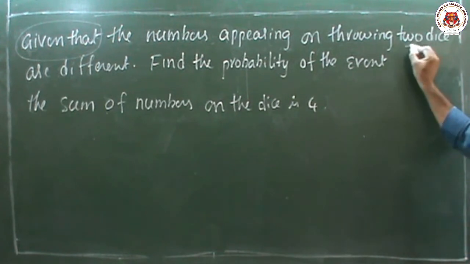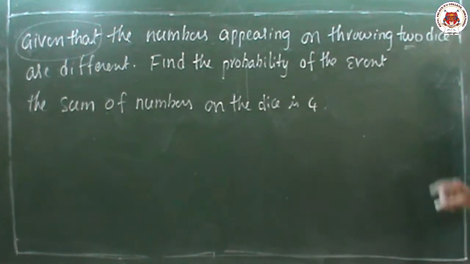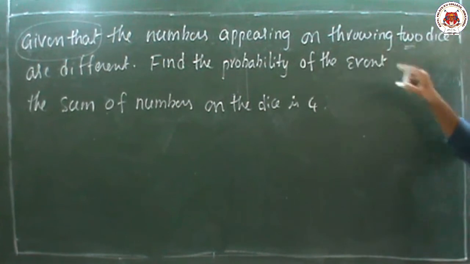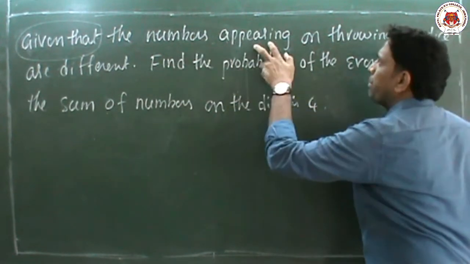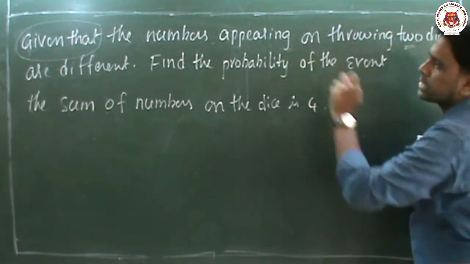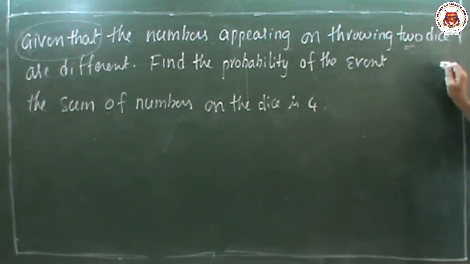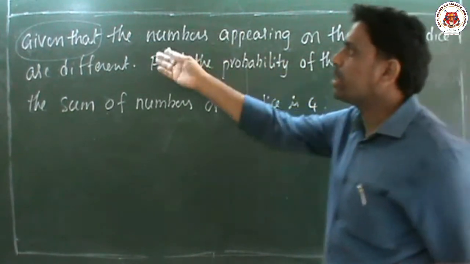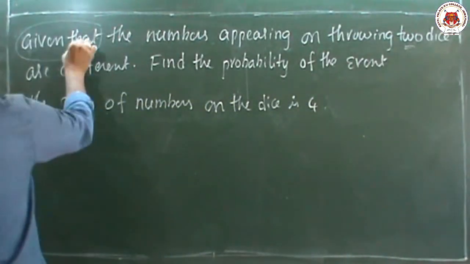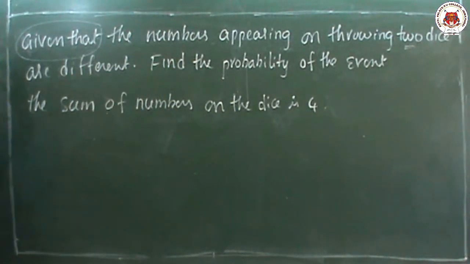So here how many dice is he throwing? He is throwing 2 dice. So what is being told? Here F means numbers appearing on throwing of 2 dice are different. Means the numbers on the 2 dice are different. That is called F, because after given that, whatever event, that is called F.